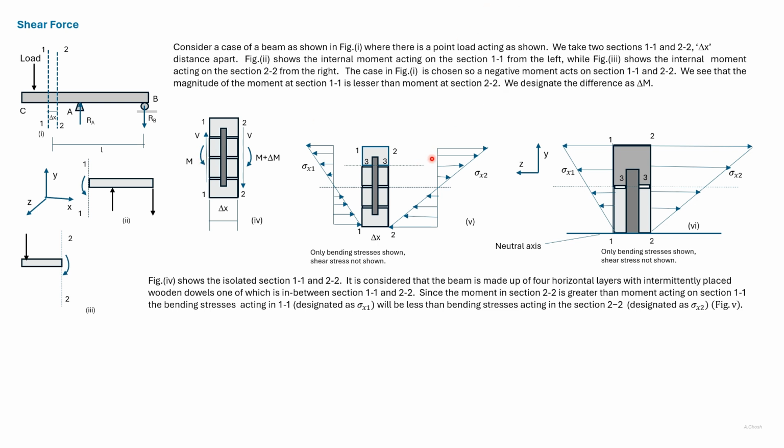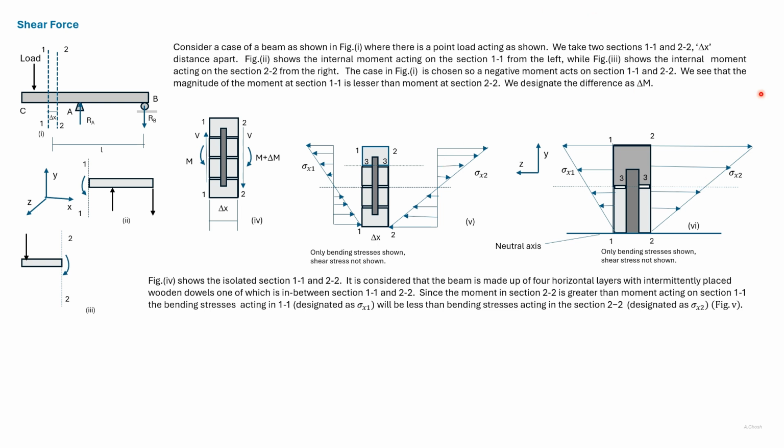Due to the moment, these are the stresses acting. The magnitude of stress on the right side will be greater than the magnitude of the stresses in the left side. Because the moments are negative, the stresses above the neutral axis are taken as tensile.